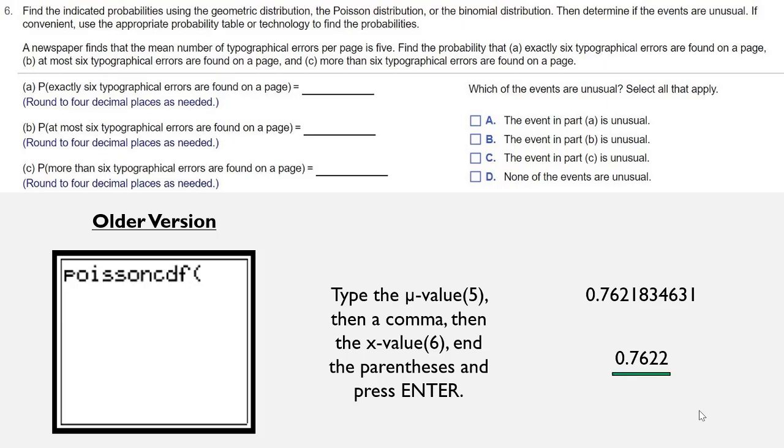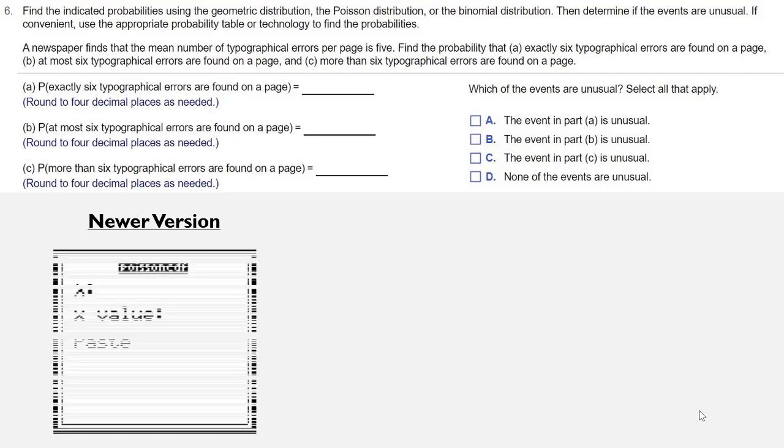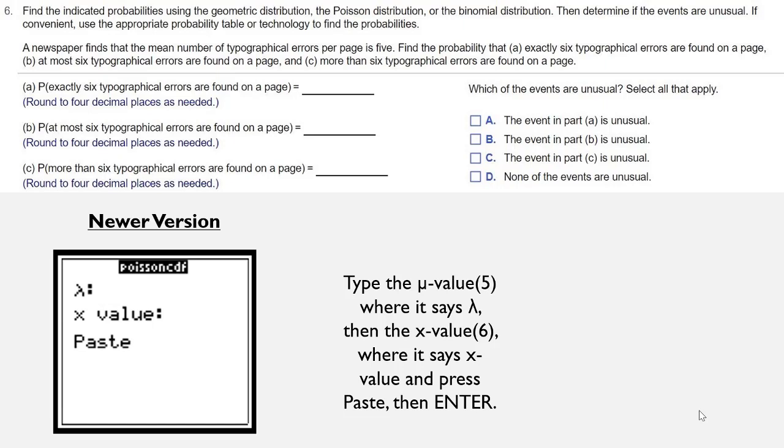Let's look at how the newer version would look. On the newer version, once you were on the distribution screen and you scroll down to Poisson CDF and pressed enter, you would be taken to the Poisson CDF screen. There's a Greek letter lambda there, the x value, and paste. Where the lambda goes, you're going to type in your mu value, which is 5.